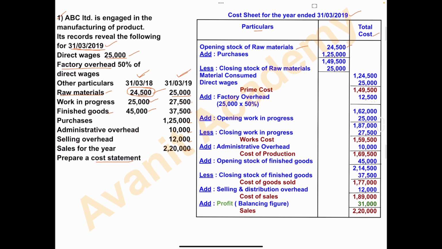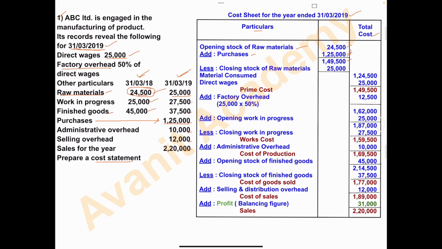So after taking opening stock of raw material, add purchases. The purchase amount is 1,25,000. Now add these two amounts: 24,500 plus 1,25,000, and the total amount is 1,49,500.